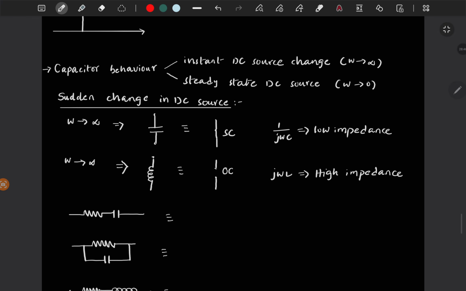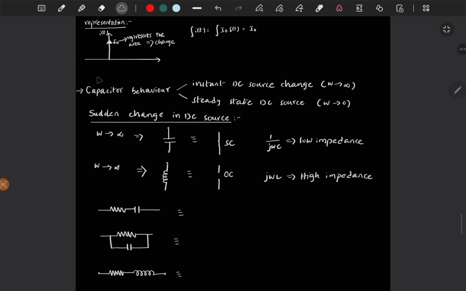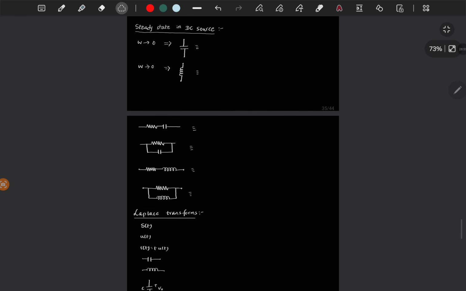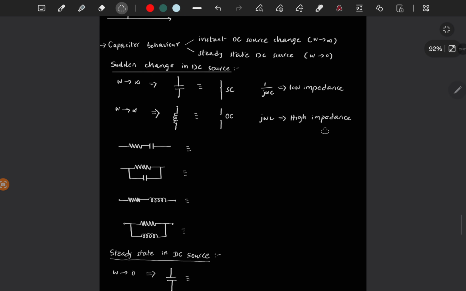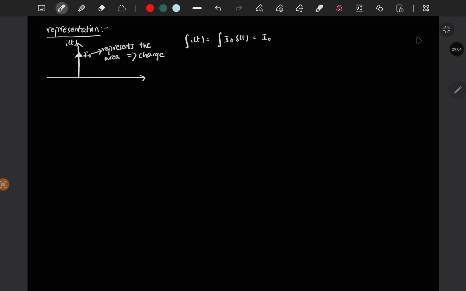So if you pump an impulse current through a capacitor, what will happen to the capacitor? So if you pump the impulse current I naught delta of t through a capacitor, then what will happen?